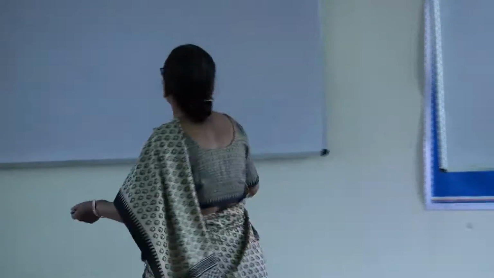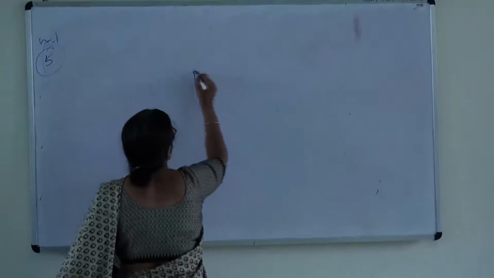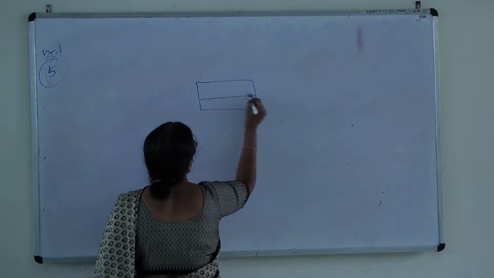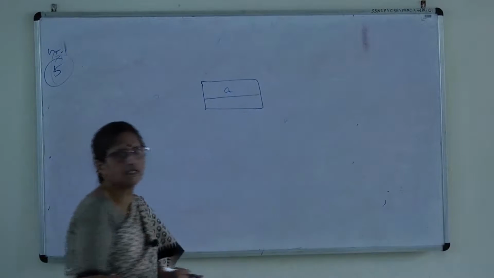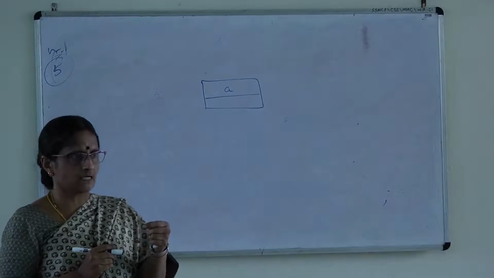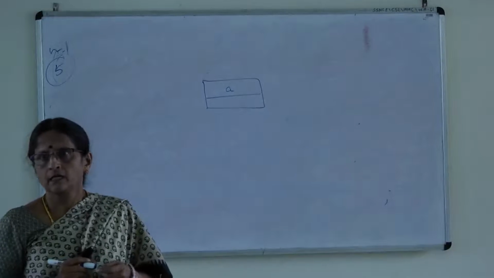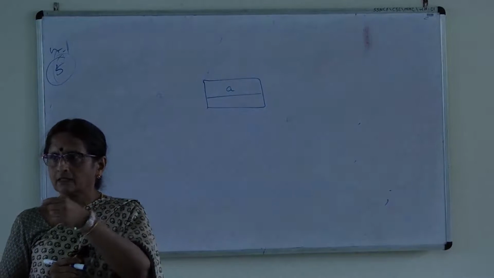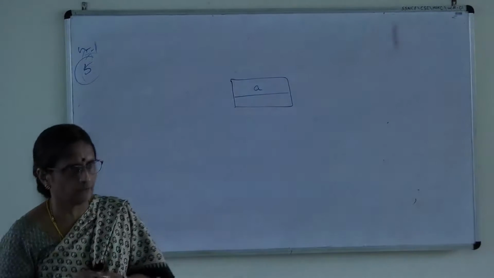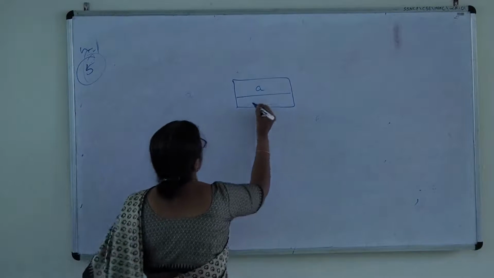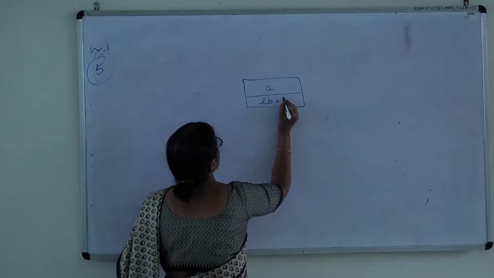Okay? So how are we going to draw the state space tree? That will specify where we are starting, A, and it will have the lower bound that you have computed.